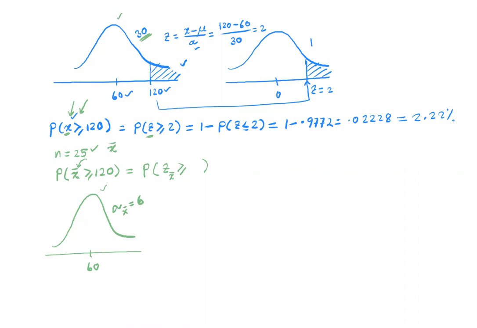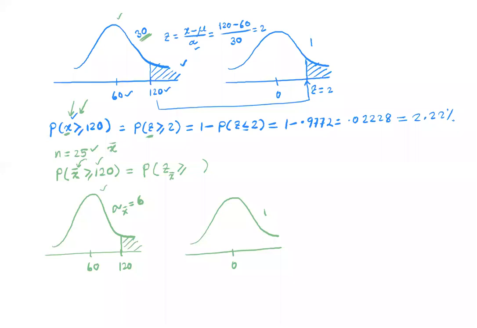Now we are going to have to go to this guy, mean 0, standard deviation 1. Now 120 is going to be somewhere here, right? So we are looking for the probability that the average of 25 people is greater than 120.